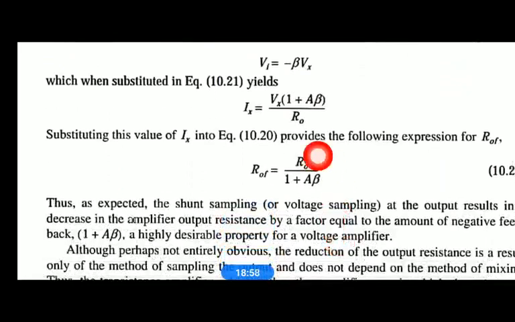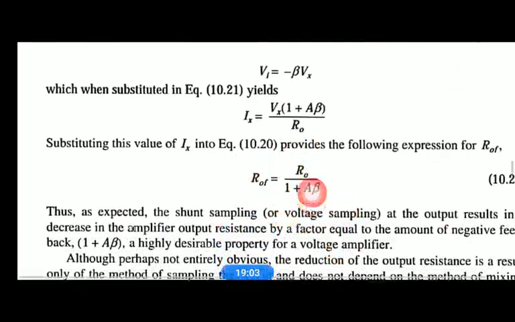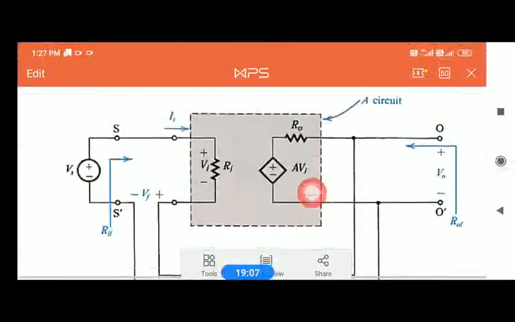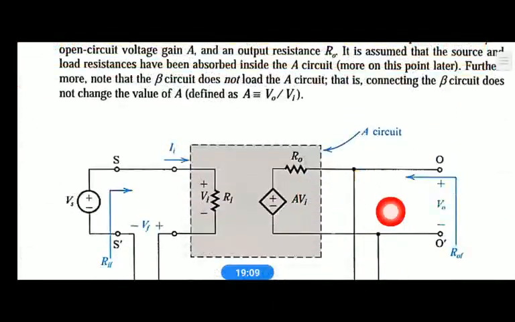So clearly the output resistance decreases by the amount 1 plus A beta. Therefore a parallel connection at the output decreases the output resistance from R0 to ROF, by a factor of 1 plus A beta.